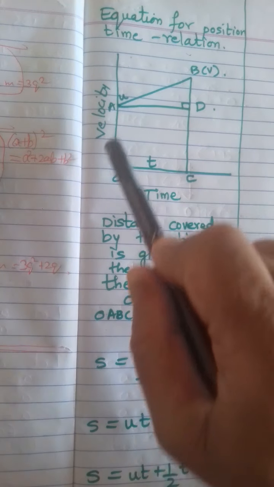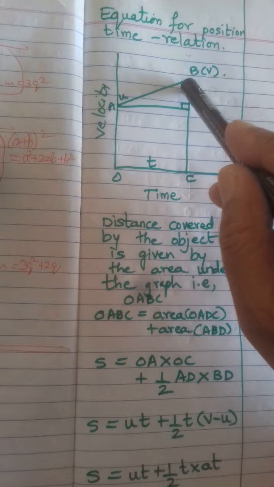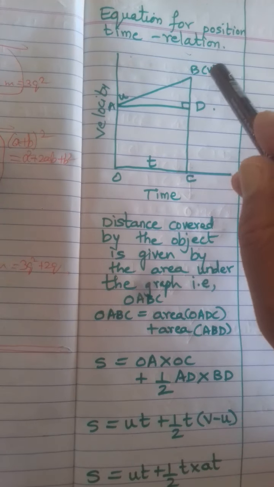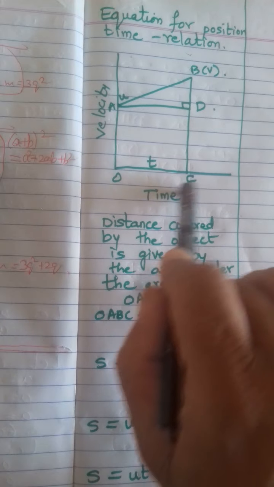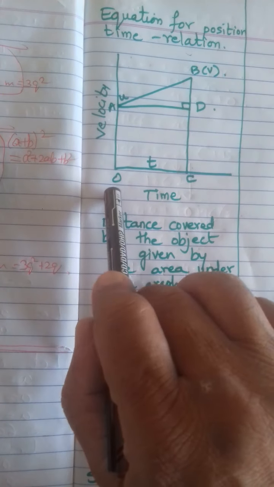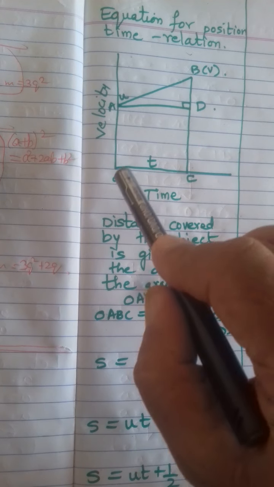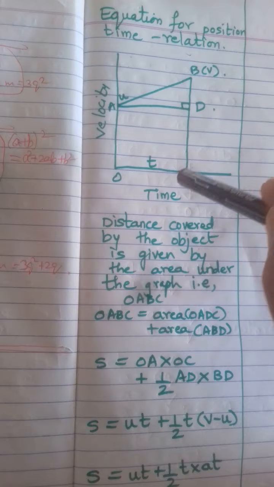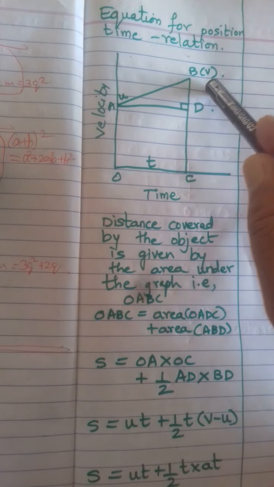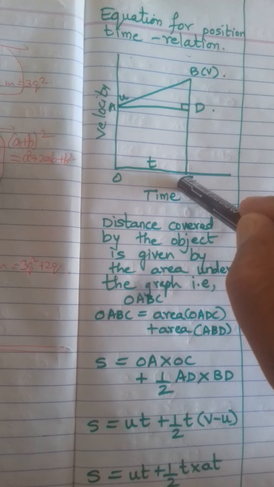So OA represents the initial velocity u, BC represents the final velocity v, OC represents the time taken. This is the velocity axis, this is the time axis.